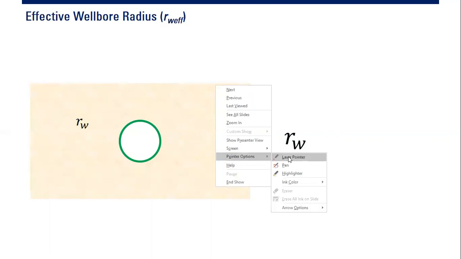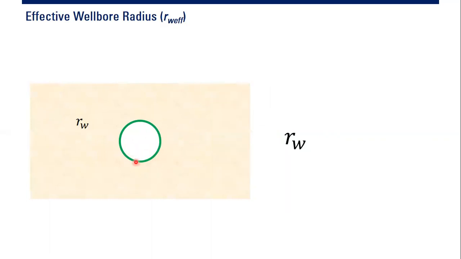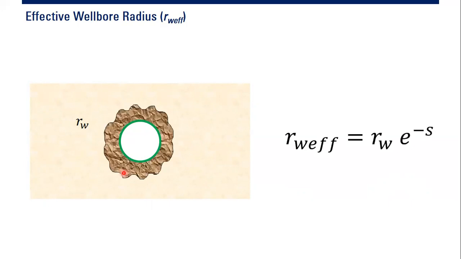We have this well within the reservoir, of course, and the wellbore radius of this well is RW. Let's say this well has formation damage. This well is damaged. The original or initial wellbore radius of this well is still RW.